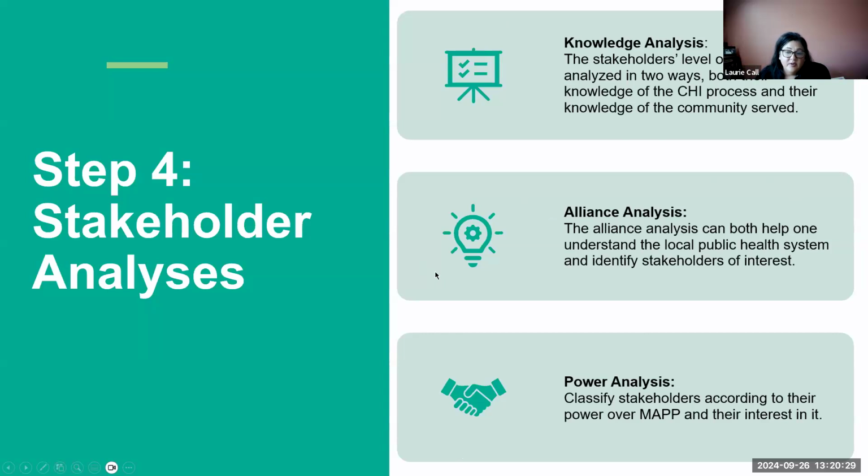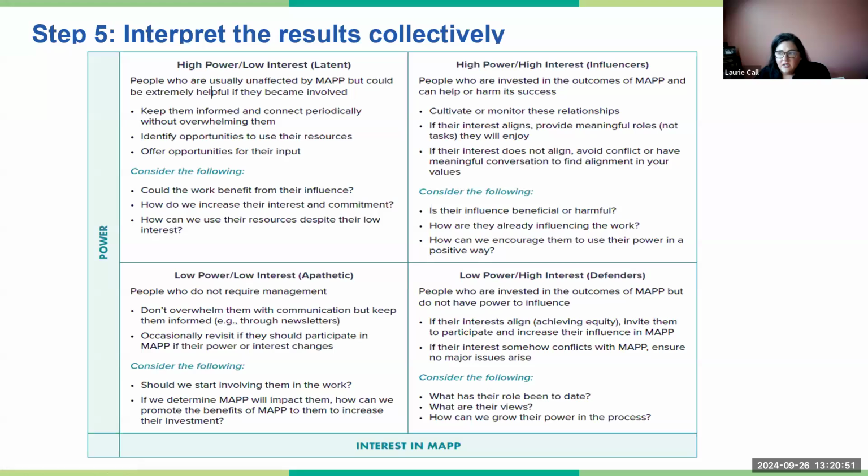Alliance, so help them understand the local public health system, and also for us to understand the folks we're trying to engage, and then a power analysis. And as I mentioned, we'll do a power analysis in the second half of this training. So these are just some of the things that you would want to do as you're engaging folks.